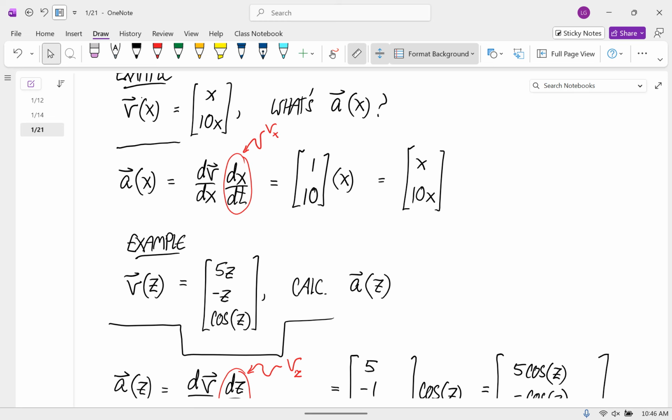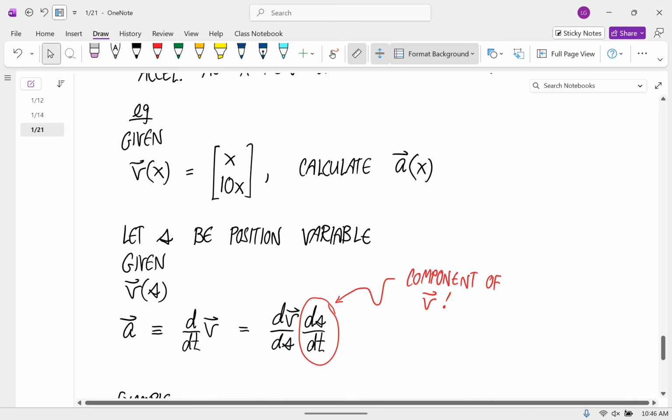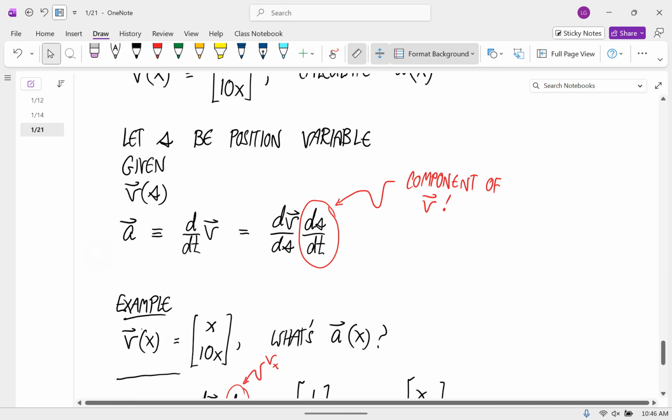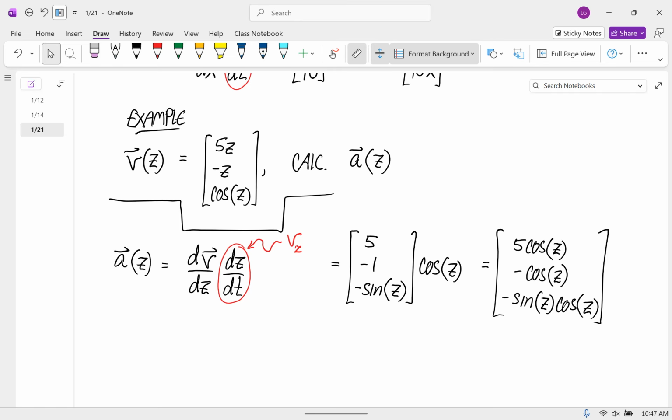It will be doing the same with the y component, we will use 10x instead of just x. On the first example, you would use the 10x, and if it was a function of y in this one, you'd use the negative y or whatever in this case. That's right. Any other questions about this chain rule?